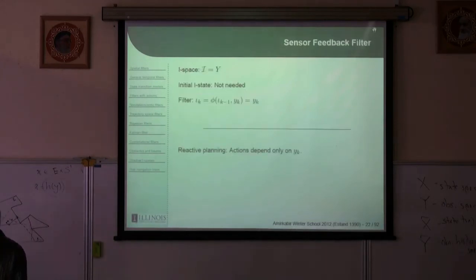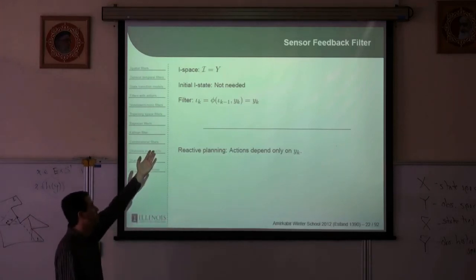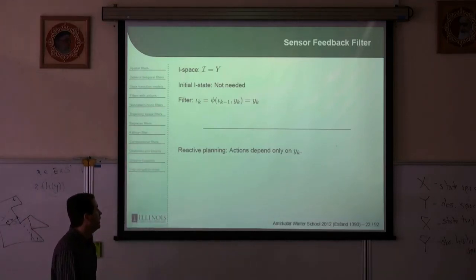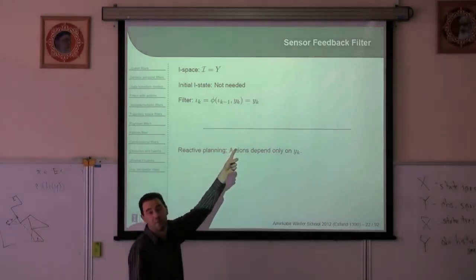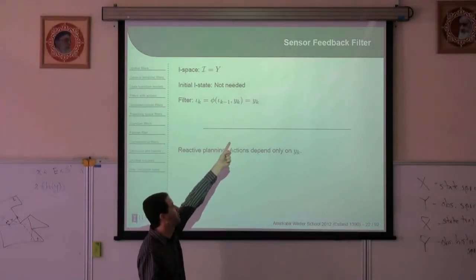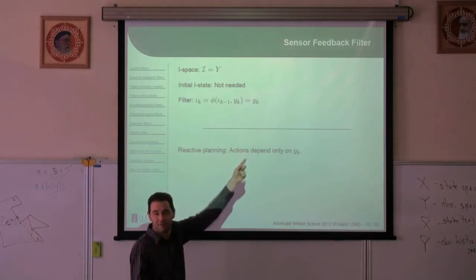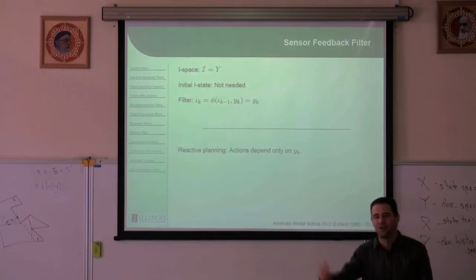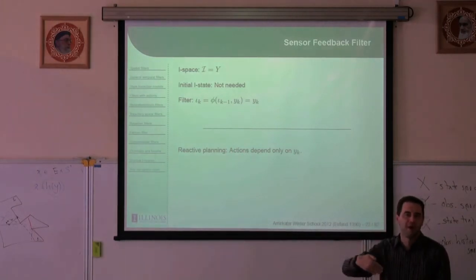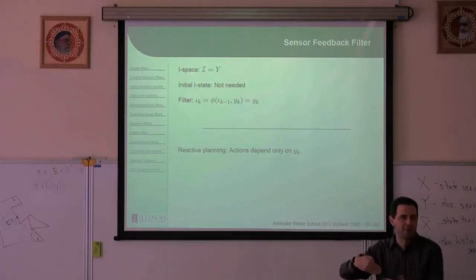So, for example, if I just have sensor feedback, I don't care about the initial information state, and my filter is kind of trivial in the sense that it just ignores anything from the past, and it just outputs the current observation. Is that all right? If you can get away with this in a robotic system, if you can just hook a sensor directly to the robot and then give the commands to the robot based directly on the sensor value, you should do it if it works.